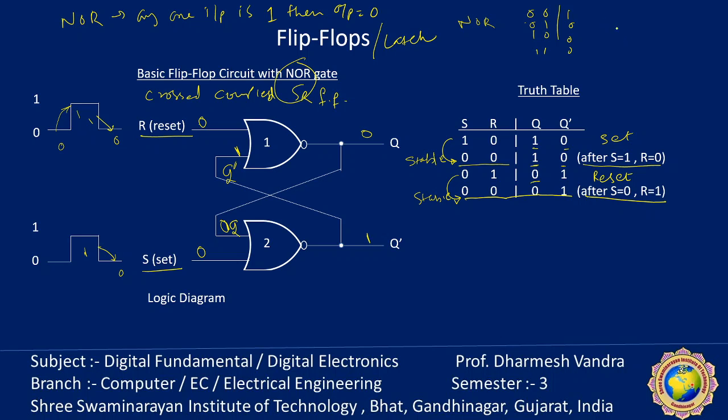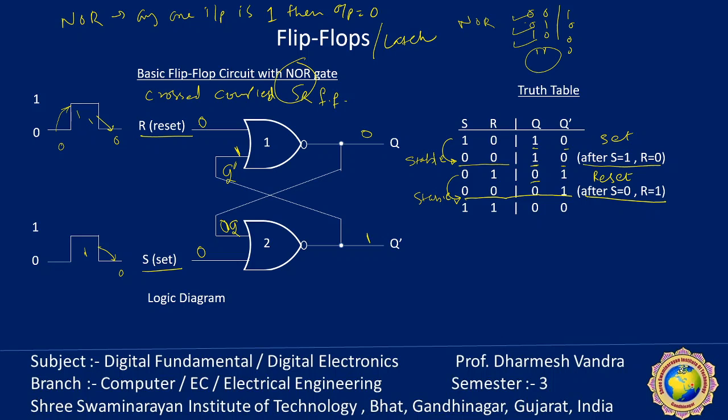Now only one thing is remaining. There are 2 raised to 4 values of all SR combinations. Out of these, 0, 0 has already occurred, 0, 1 has occurred, 1, 0 has occurred, and only 1, 1 is remaining.